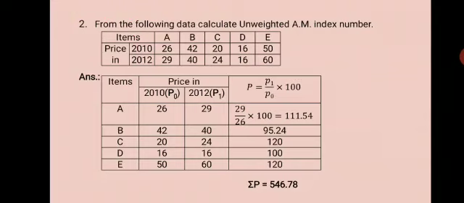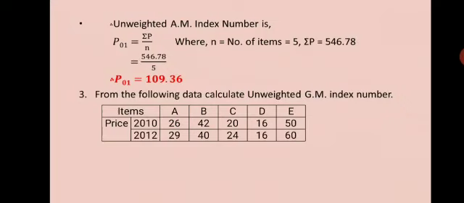Therefore, the unweighted arithmetic mean index number formula is P01 equal to summation P divided by N, where N is the number of items, and in this example the number of items given is 5.